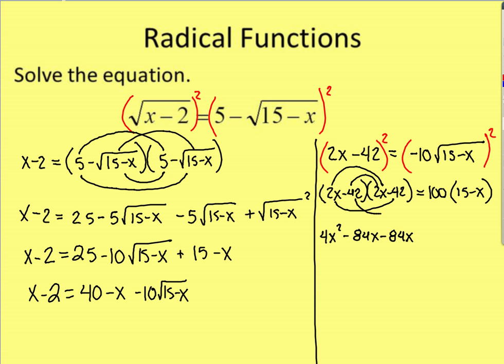And last, negative 42 times negative 42 is going to give us a positive 1,764. If we distribute on the right, that's going to give us 1,500 minus 100x.